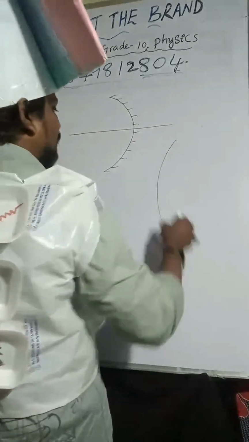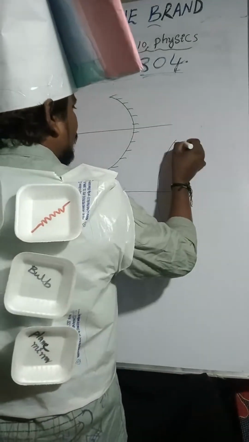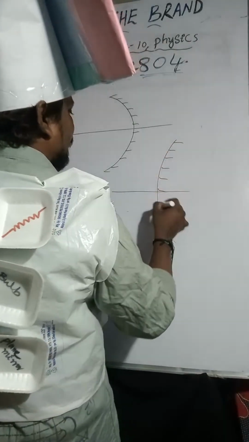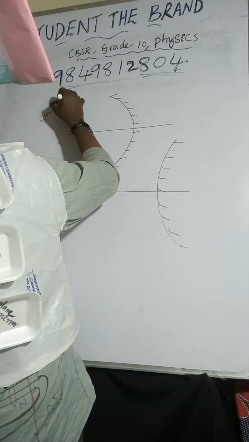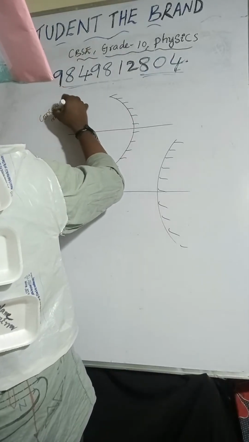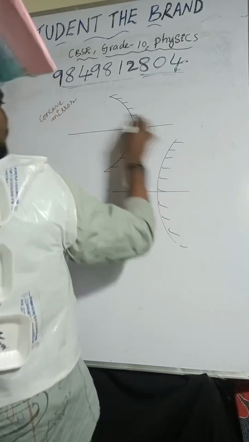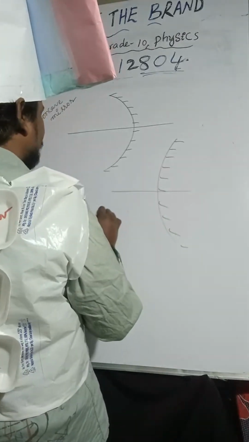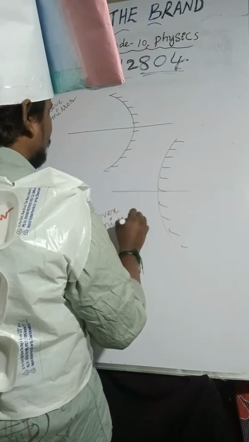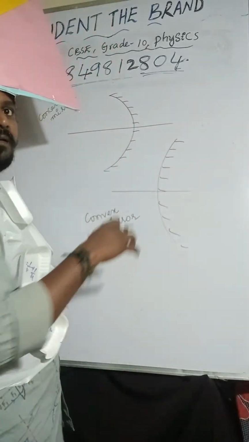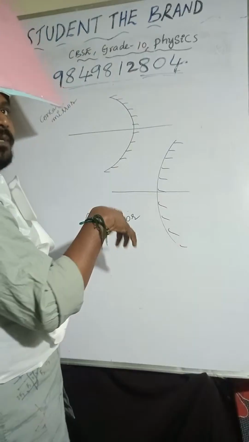And here I'm taking one more. So this is the convex mirror, and this is called the concave mirror. Concave mirror and convex mirror.